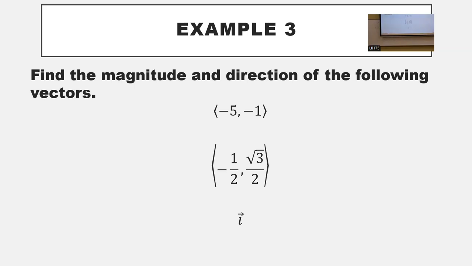We'll find the angles. Oh, then I as well. Sorry, didn't see the I there.